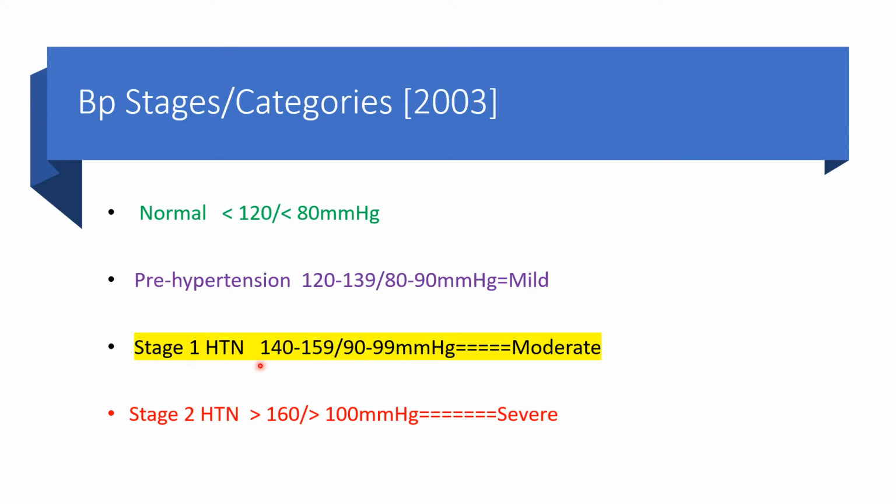Stage 1 hypertension is anything 140 to 159 over 90 to 99 millimeters of mercury as moderate, while anything that is greater than 160 systolic and over greater than 100 millimeters of mercury diastolic is severe in 2003.